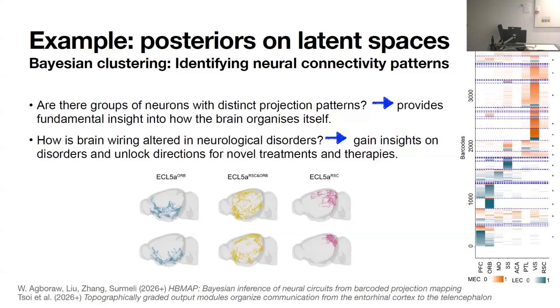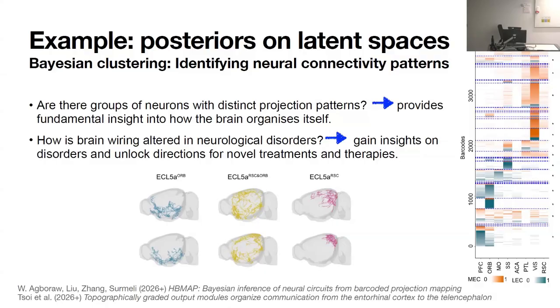We've looked at this in these preprints here. And in ongoing work, we're looking at how this wiring is altered in particular in autism. Hopefully this will lead to insights on disorders and potentially unlock directions for novel treatments and therapies.